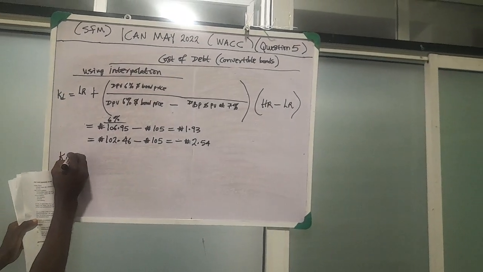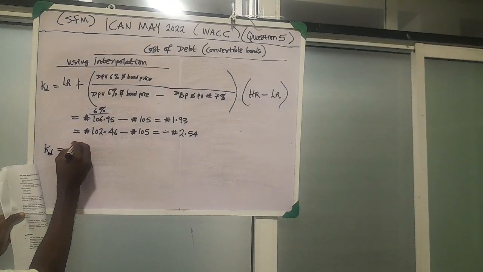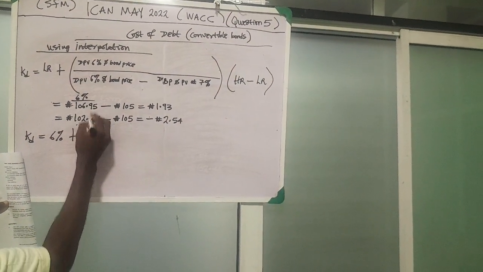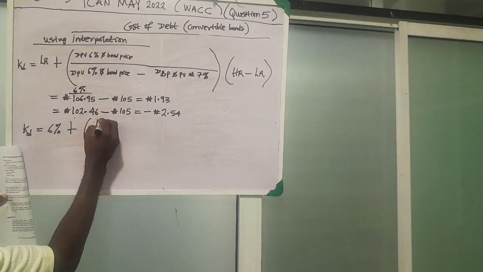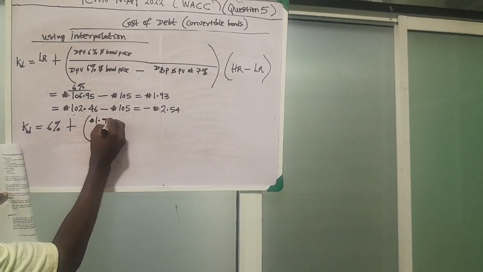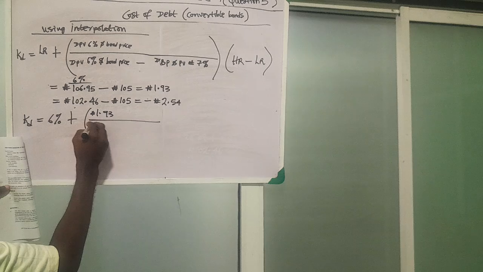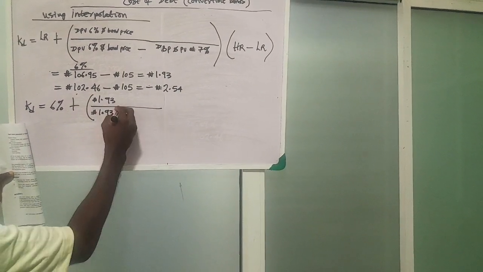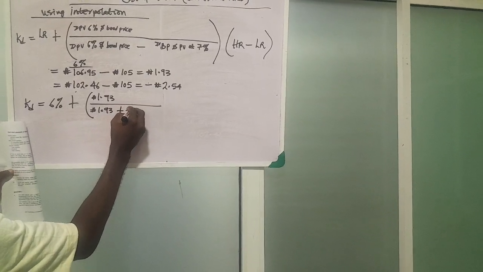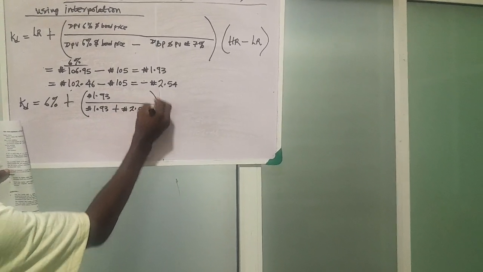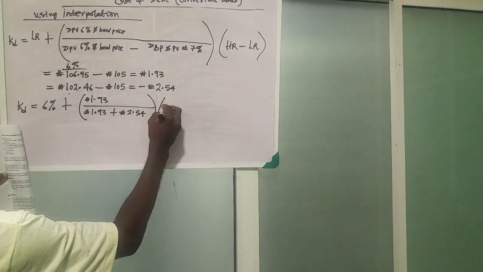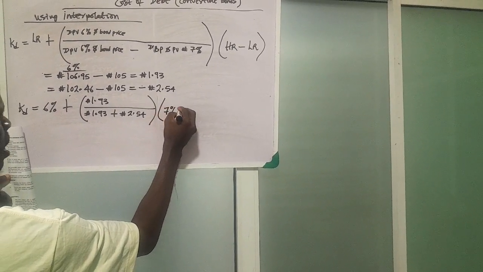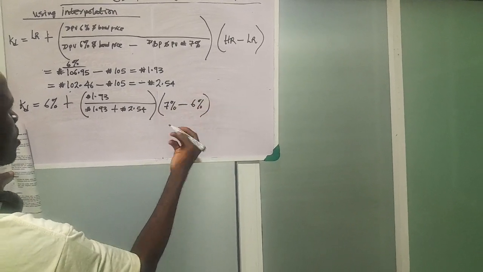So the cost of debt now, for the convertible bond, the lower rate is 6% plus 1.93 divided by 1.93 plus 2.54, since minus and minus give us plus, all into higher rate minus lower rate. Higher rate minus lower rate is simply 7% minus 6%, which is 1%.